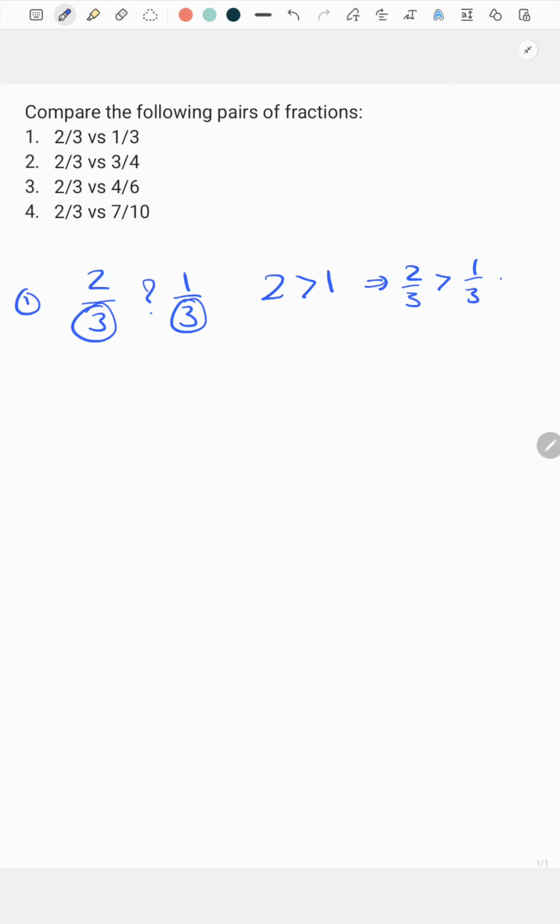Let's talk about the third one. That will make it clearer, and then we'll compare the other ones. We want to compare 2/3 versus 4/6. Now these two don't have equal denominators, so let's equalize their denominators. We know that 6 is a multiple of 3, and 3 2s are 6.